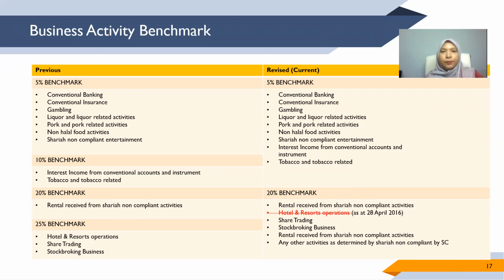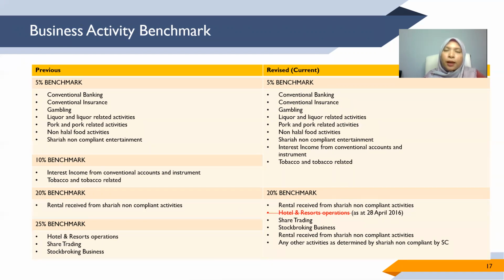All right. But first of all, you have to memorize what is included in 5% and what will be included in 20%. As you can see here, the 5% benchmark ni, kalau kita tengok dia punya activity tu, saya bagi sedikit clue lah kan, activity dia semua ada dalil-dalil yang secara jelas mengharamkan sesuatu perkara itu.